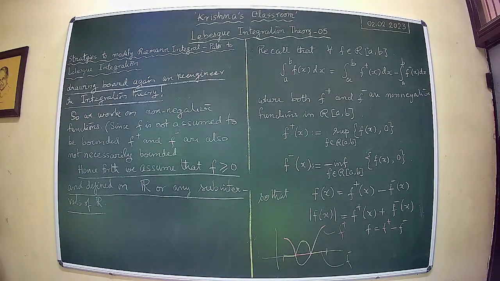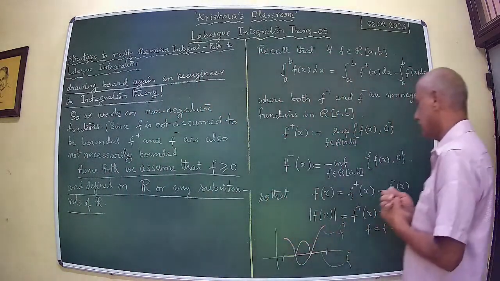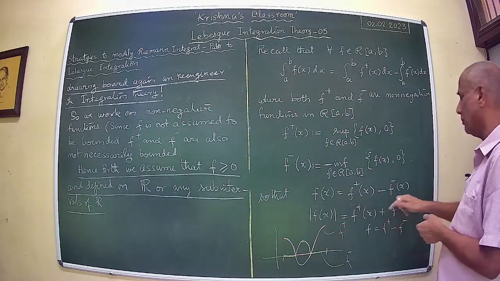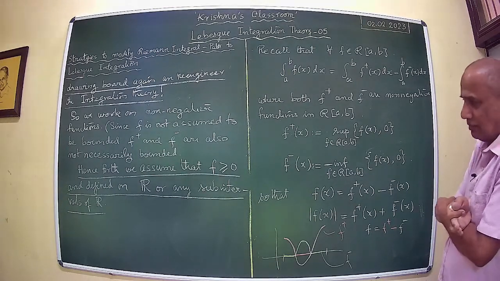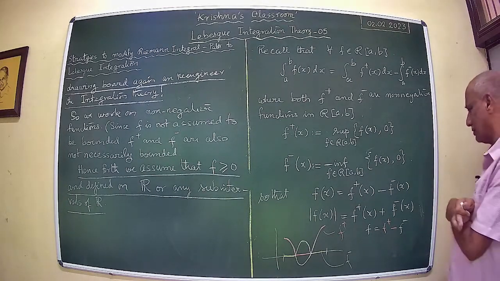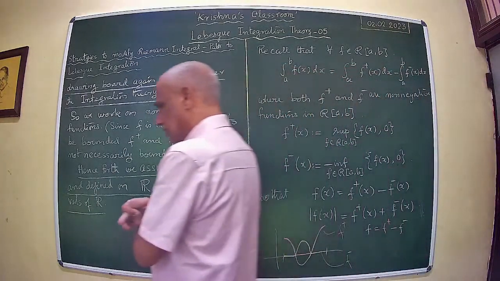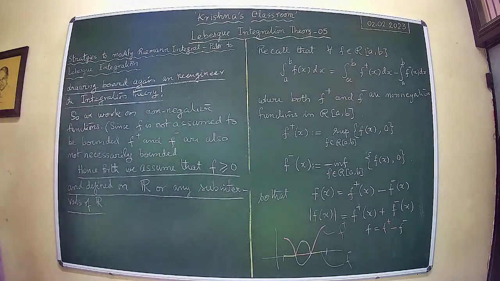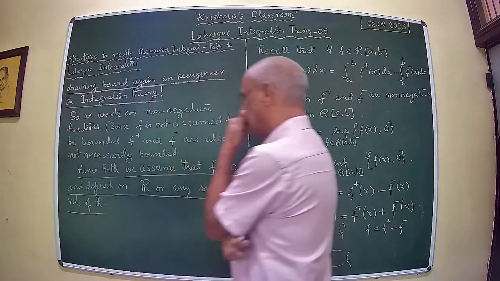Therefore, you expect a problem to crop up here. That is, we have to talk about infinity minus infinity. And what do we mean by that? Or is there some way in which we can take care of these kind of issues? Okay, so we'll come to that. I'll explain it later.